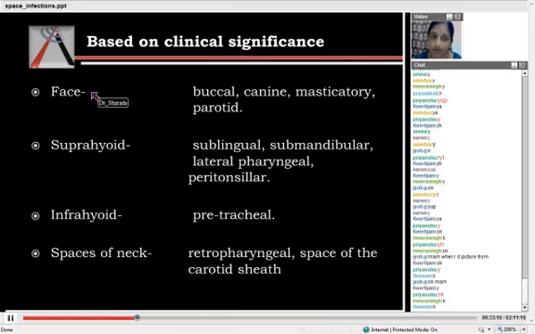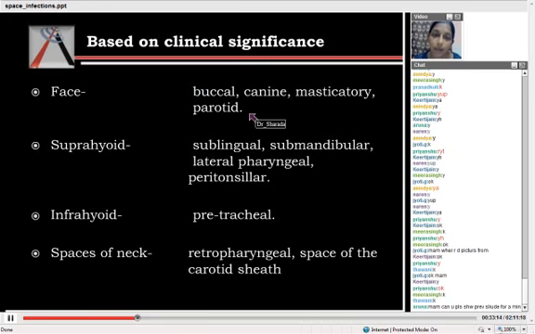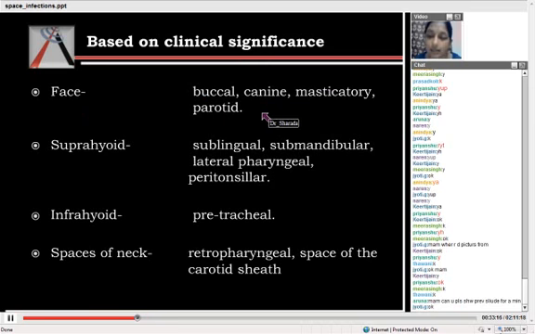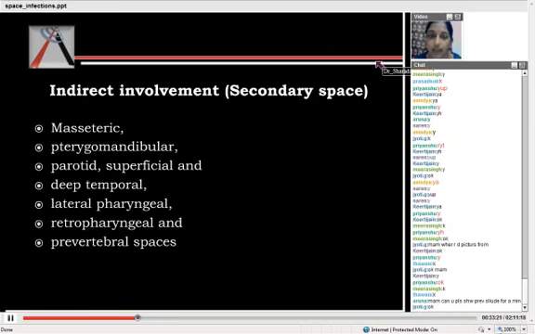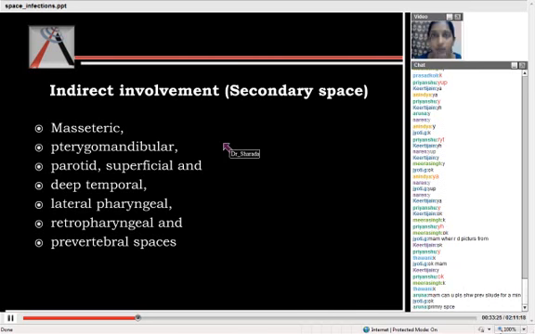Clinical significance: face, buccal, canine, masticatory and parotid. Can you please show the previous slide for a minute? Okay, fine. Basically, you don't have to learn these by heart. Whichever slides I feel are not important, I'll skip through. It's just common sense.